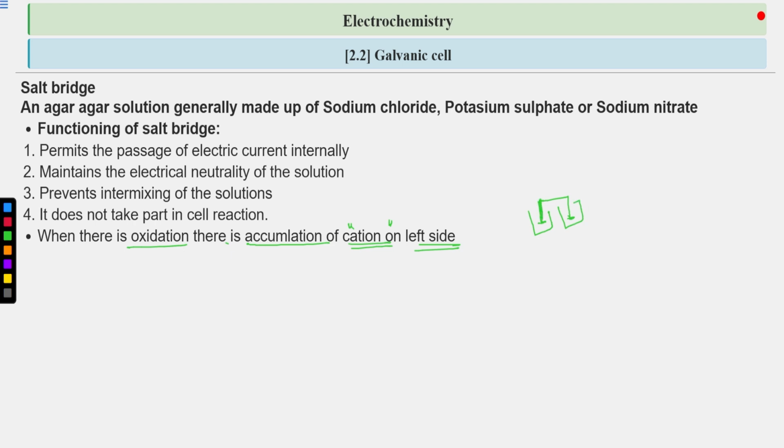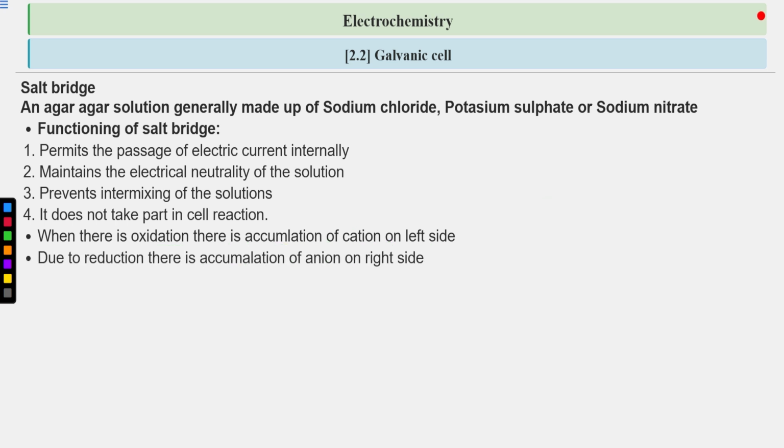When there is oxidation, there is accumulation of cations on the left side, and due to the reduction, there is accumulation of anions on the right side. Inversely, right? Whatever is happening at the anode, the same opposite process will happen at the cathode.